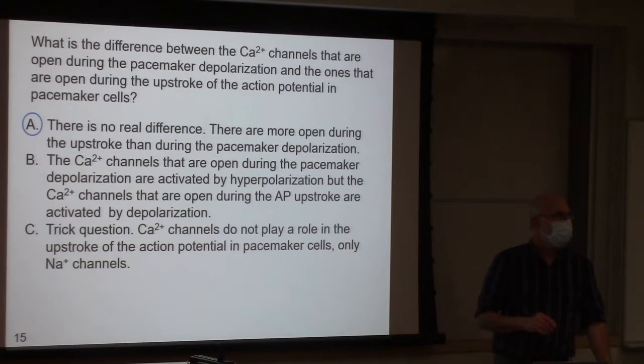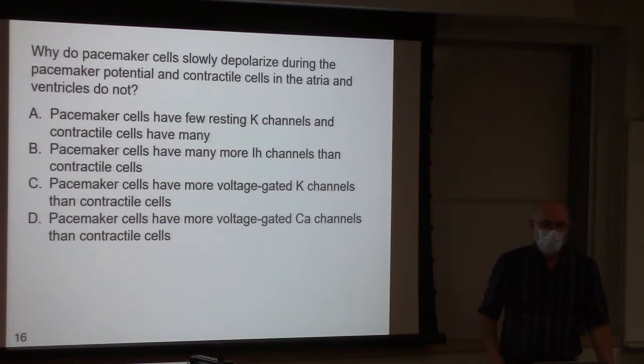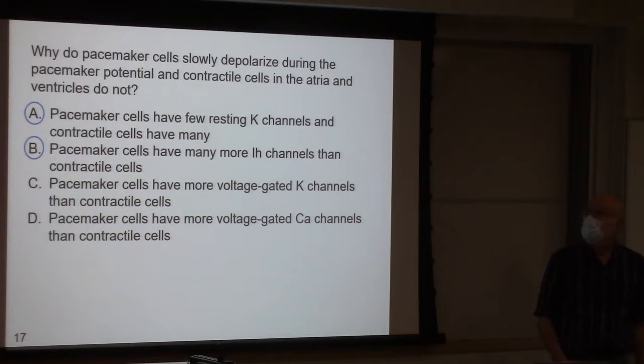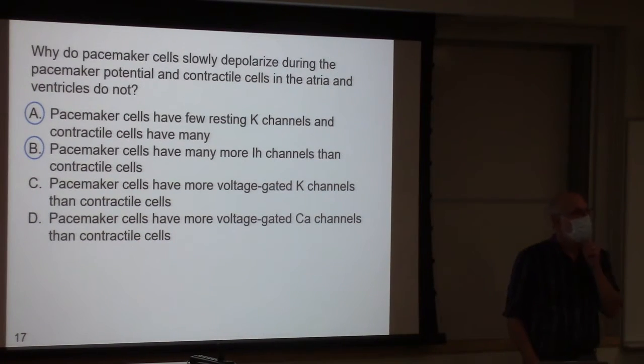Questions? Why do pacemaker cells slowly depolarize and contractile cells in the atria and ventricular myocardium don't? Yes. How do we know? Because I thought that for both of them, they have a bunch of resting K channels, and that's why the membrane potential is very negative.